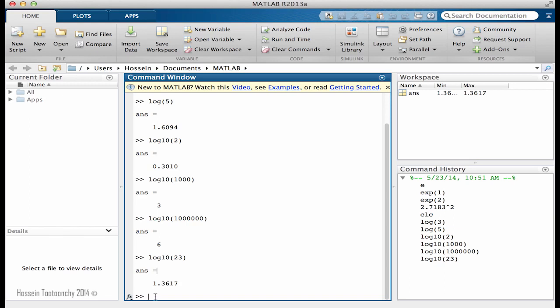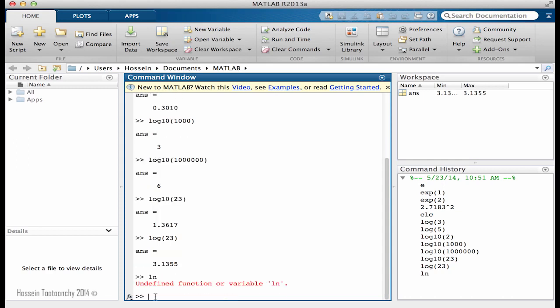To recap what I just said, I wanted to briefly reiterate what I explained. When I say log of a number, it is in base e, which in our textbooks equals ln. But as you see, if I type ln, it's not known to MATLAB, and it's going to be interpreted as log of 34, which is exactly equal to ln of 34.